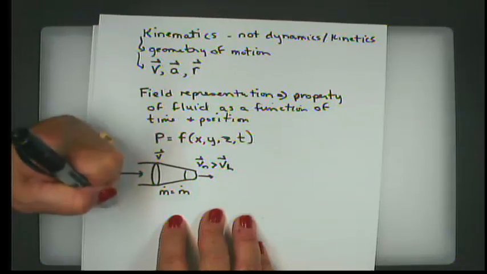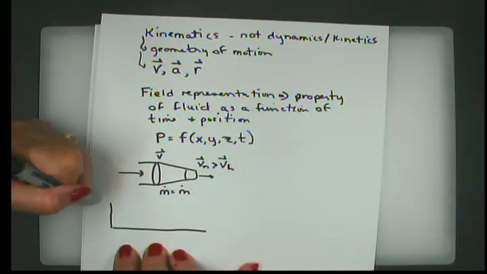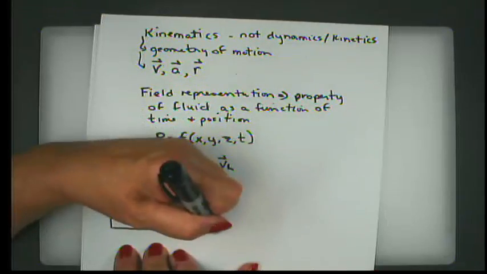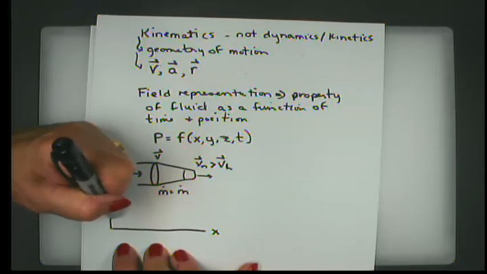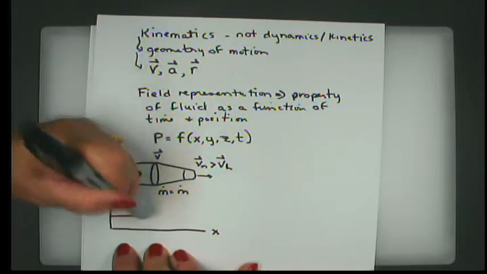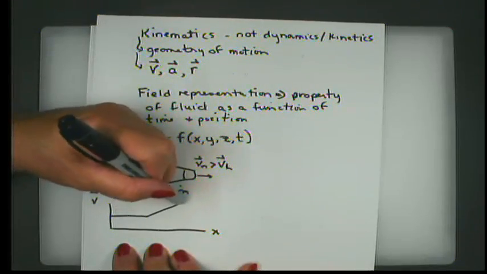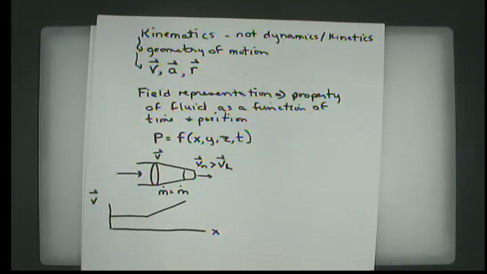So if we were to take a look at a graph of velocity versus our location in the x direction, we would see that our velocity would be somewhat constant until we reached the beginning of the nozzle, and then it would increase to the end of the nozzle. So as the diameter decreases, the velocity increases.